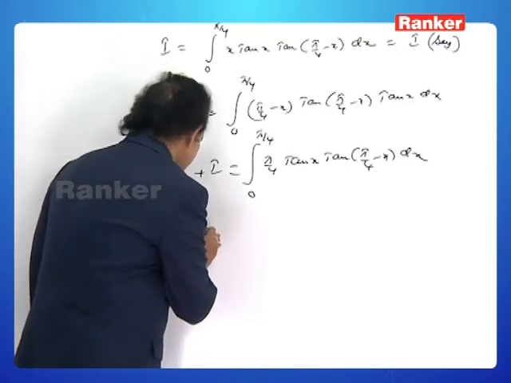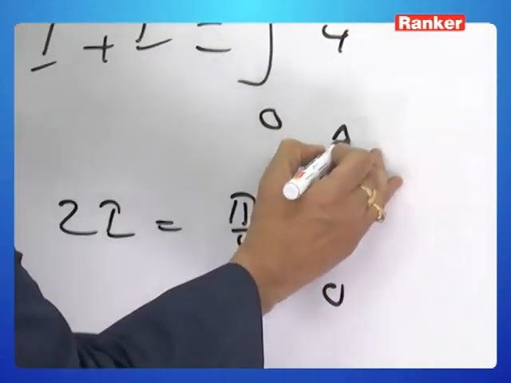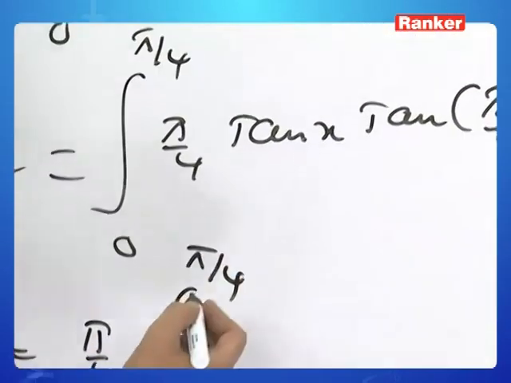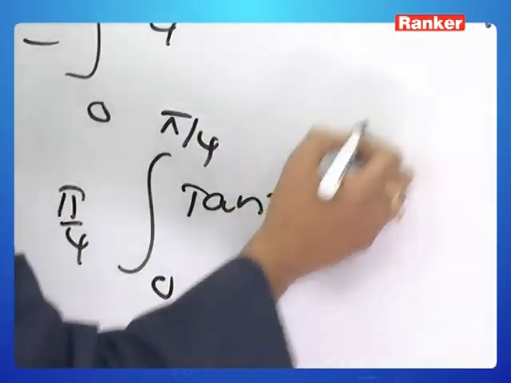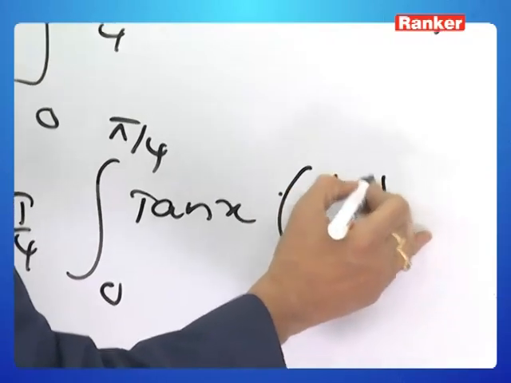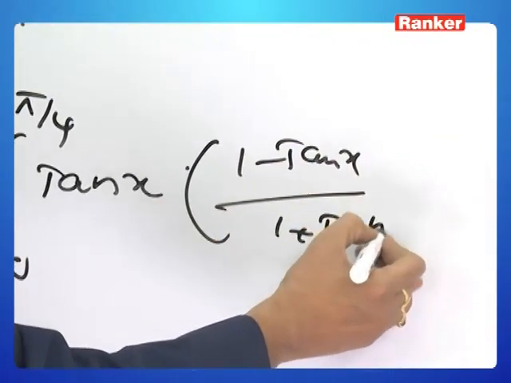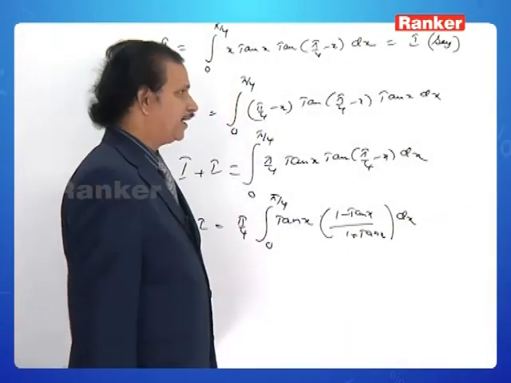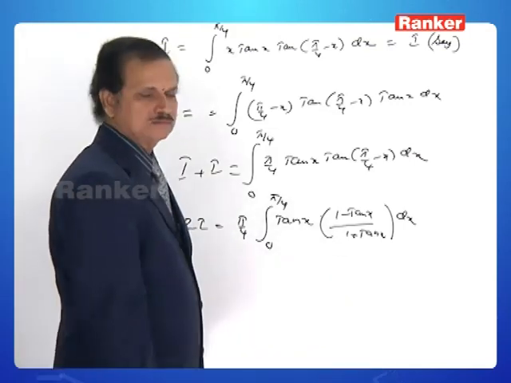Therefore, 2I is equal to pi by 4 into integral 0 to pi by 4 of tan x into, what is tan (pi by 4 minus x)? It is (1 minus tan x) by (1 plus tan x) dx. My dear friend, please observe, the problem is full of tan x.